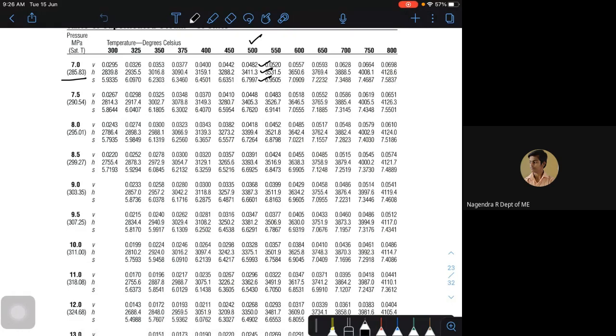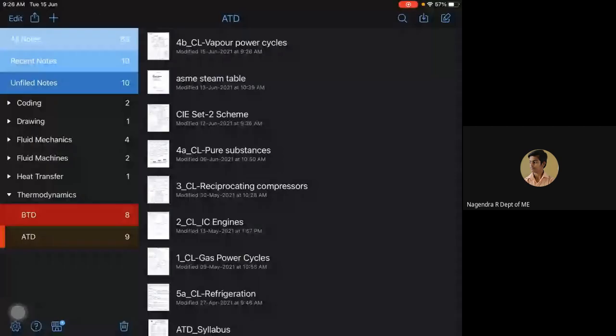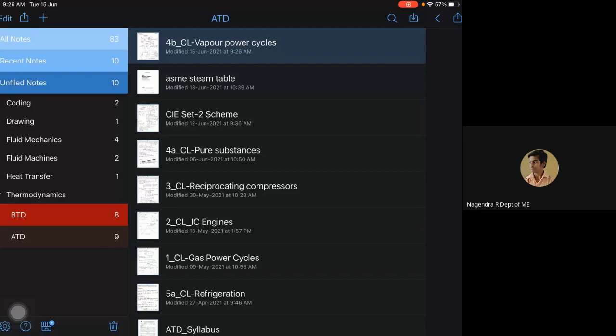It is actually 3242. At 10 megapascals, it is 3242.3, with entropy 6.4217. That is fine.